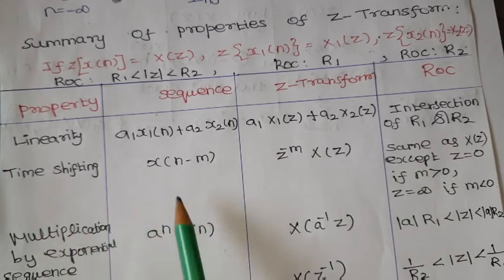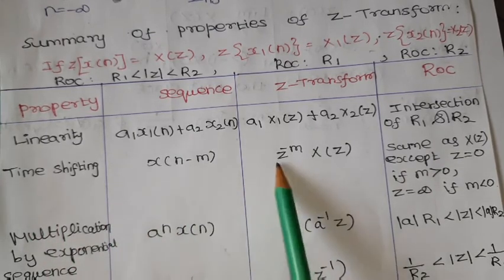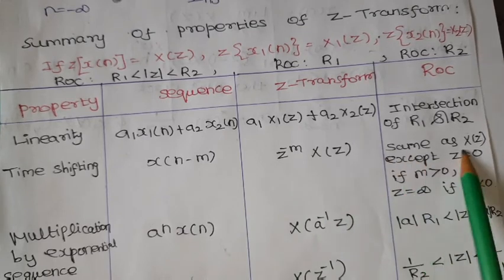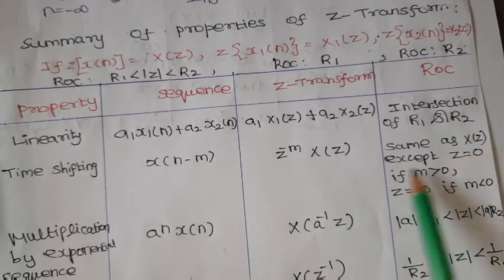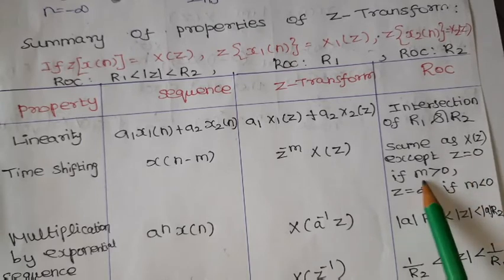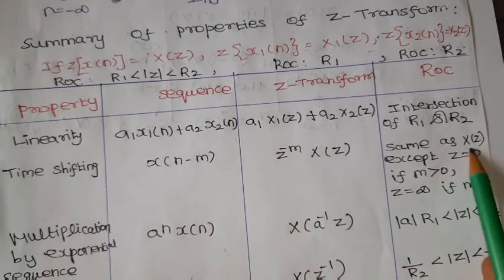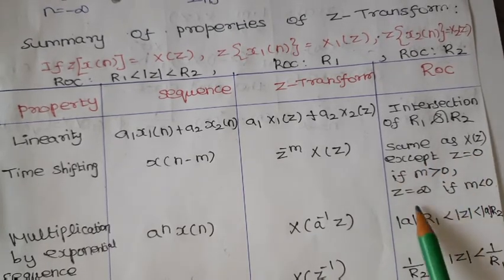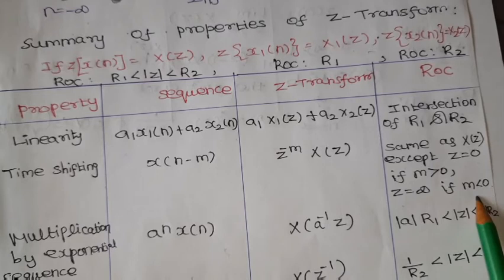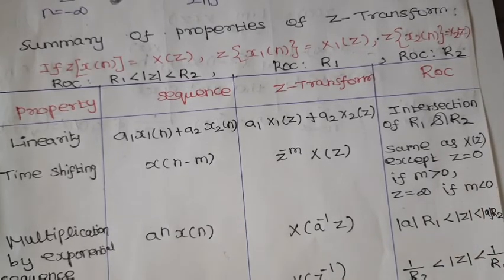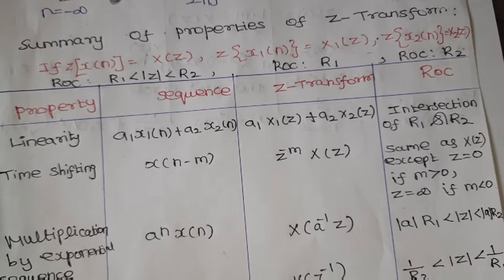For the time shifting property, x of n minus m gives Z power minus m x of Z. The ROC will be same as x of Z except Z equal to 0 if m greater than 0, and except Z equal to infinity if m less than 0.